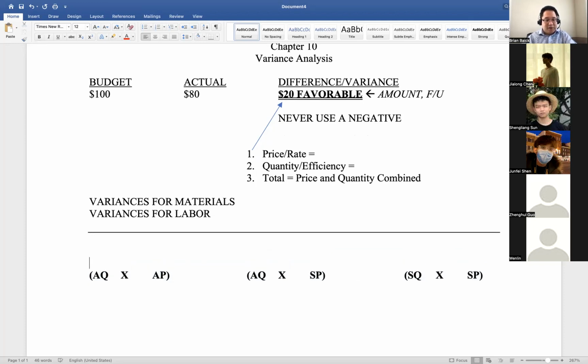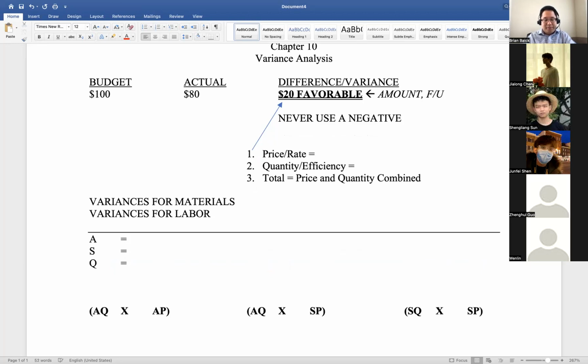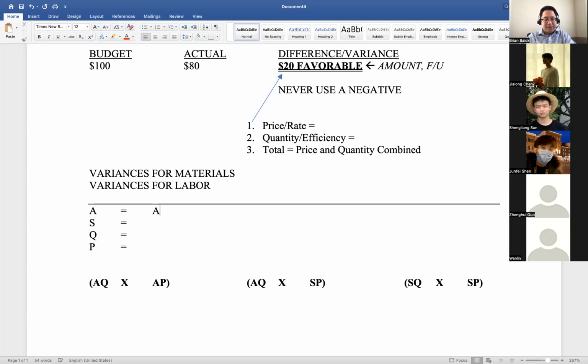Let's define some terms though. I see the letters A, S, Q and P. A just means actual. Sometimes you'll see the word occurred or incurred. That means actual. S means standard.